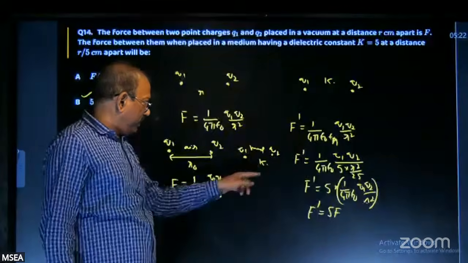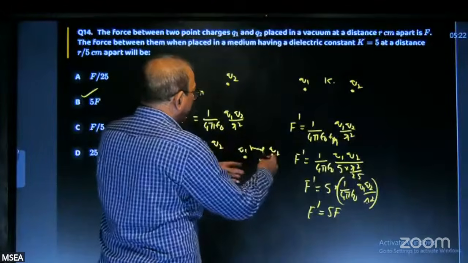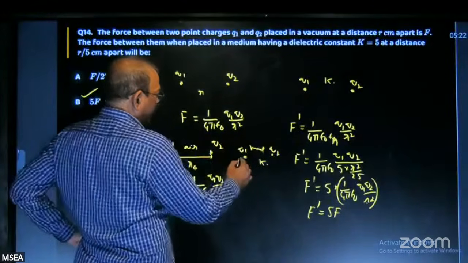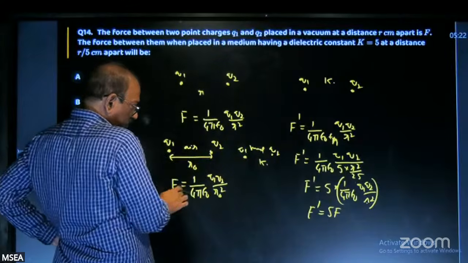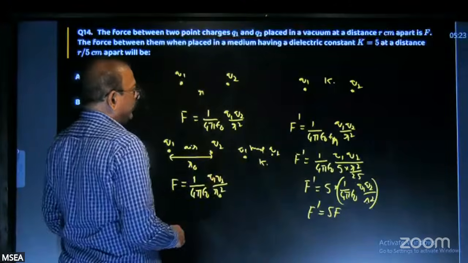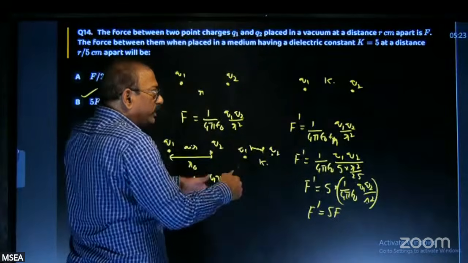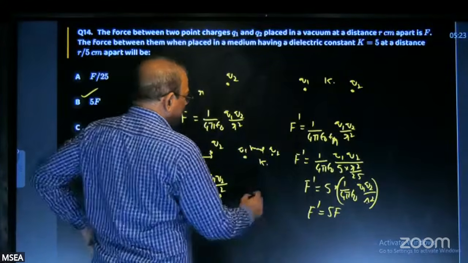But I want the same force between them, even when they are in a medium. Then I should decrease the distance between them, because the force decreases now. I have to increase that force back to this value. So I have to decrease the distance.